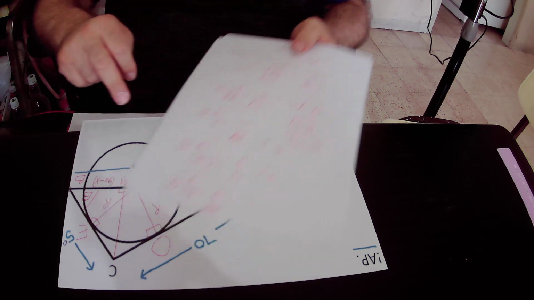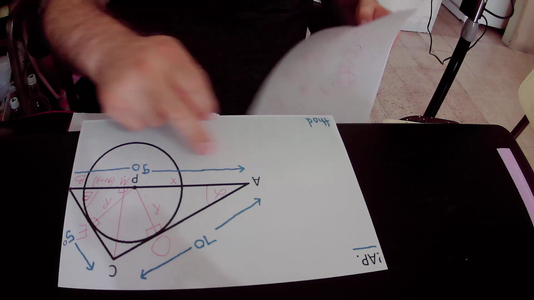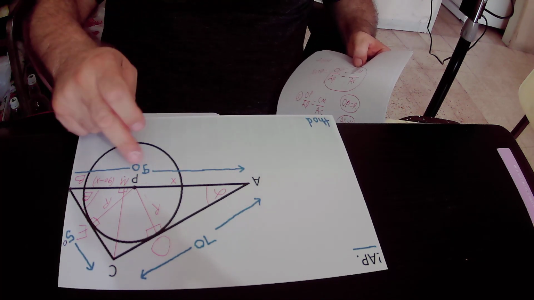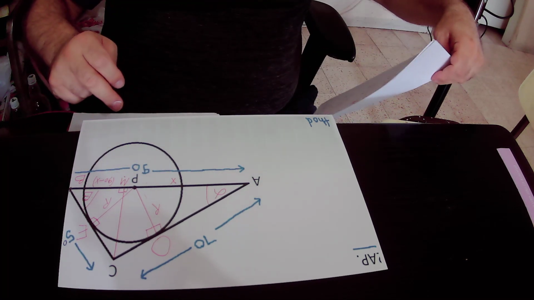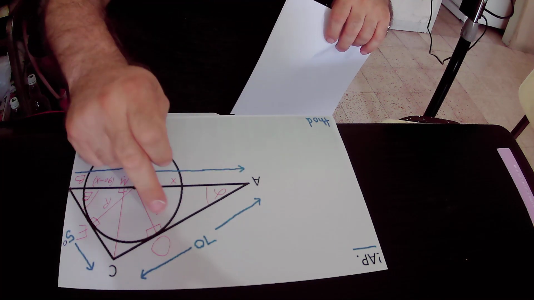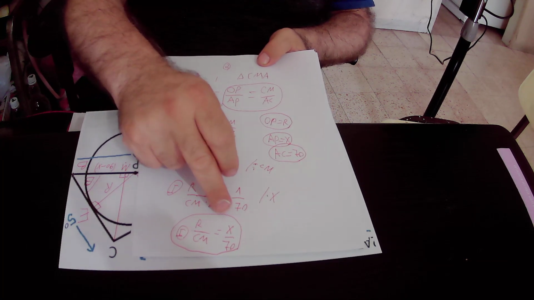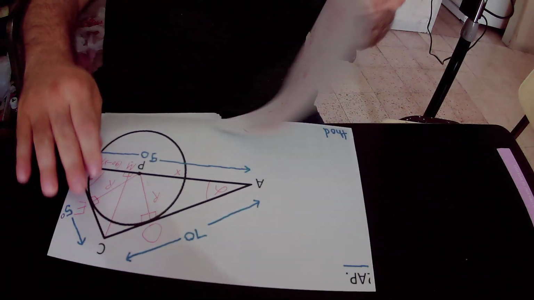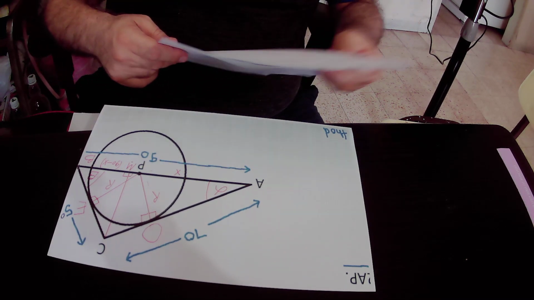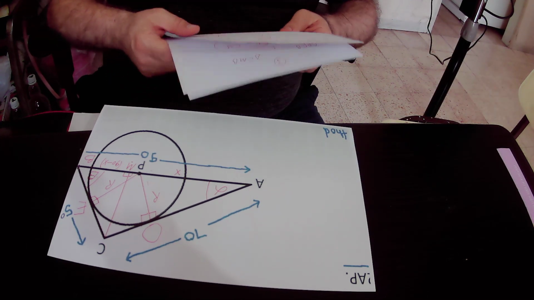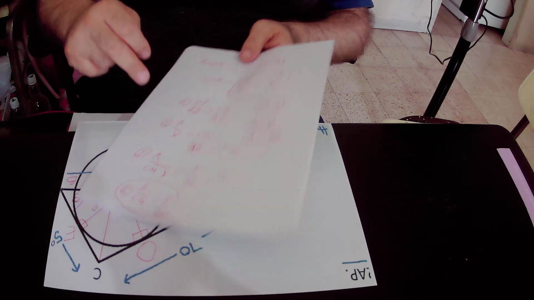We know that OP equals R, AP equals X according to our definition, so PB will be equal to 90 minus X. Also we know that AC equals 70 units, so we put all the data in the first equation, and we got that R over CM equals X over 70.